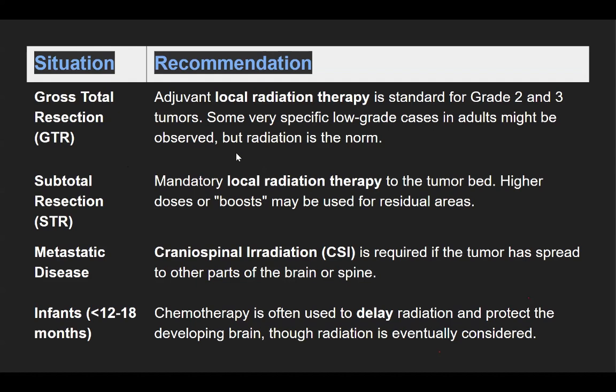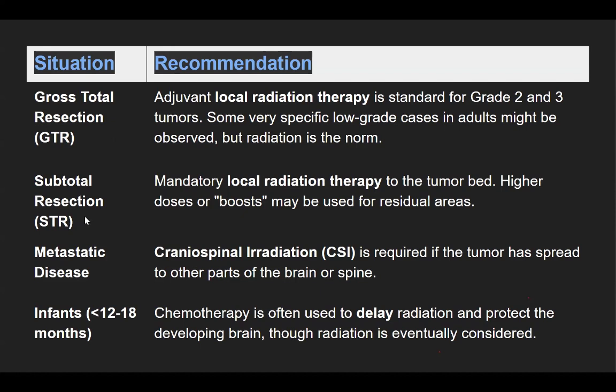So if GTR has been done, if the patient was lucky enough and it was a well-circumscribed tumor without much invasion or infiltration, and the surgeon was able to go through the complete resection, even then, adjuvant local radiation therapy is a standard. Ependymoma comes with local radiation therapy. That's the bare minimum.